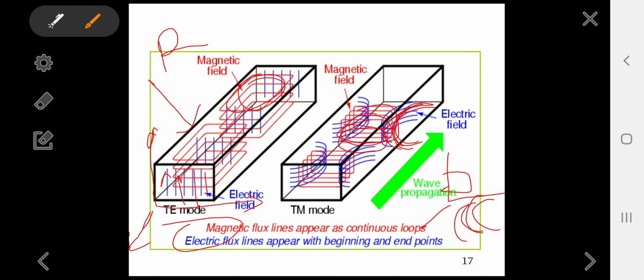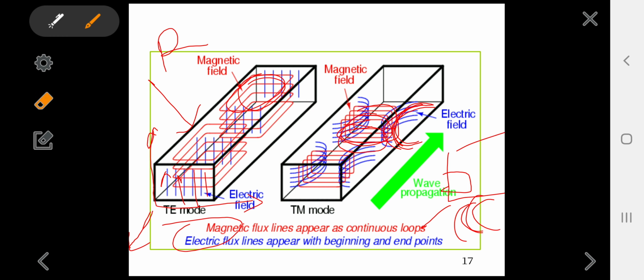So these definitions you should remember while drawing the electric flux, which appears with the beginning and end points. So this is all about the TE mode and TM mode.